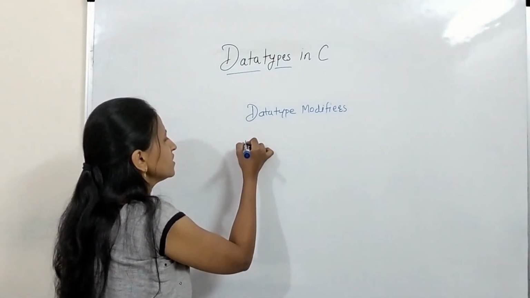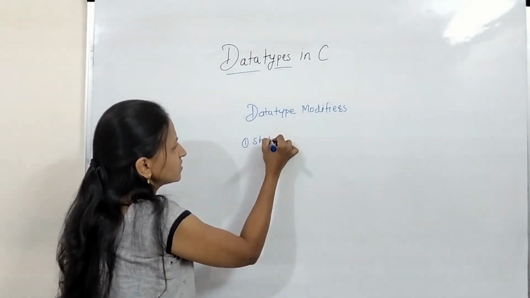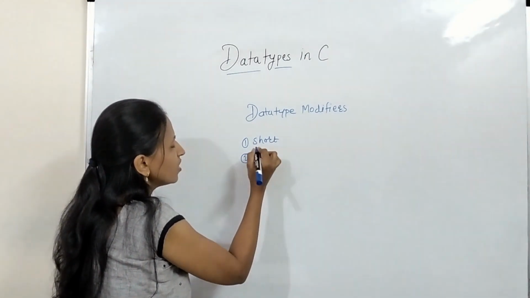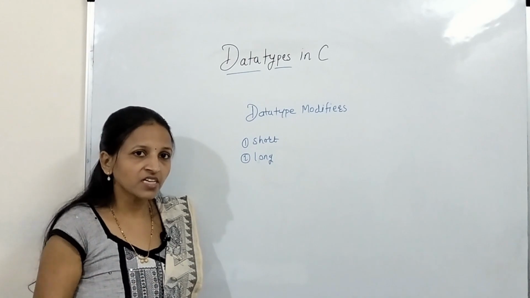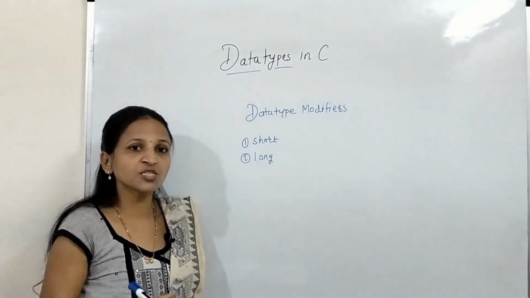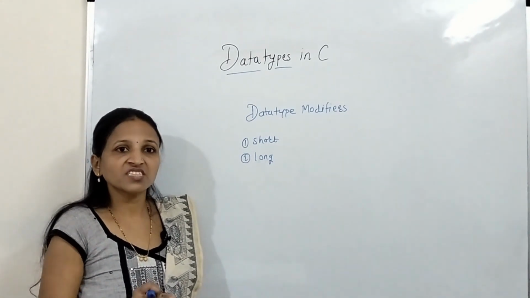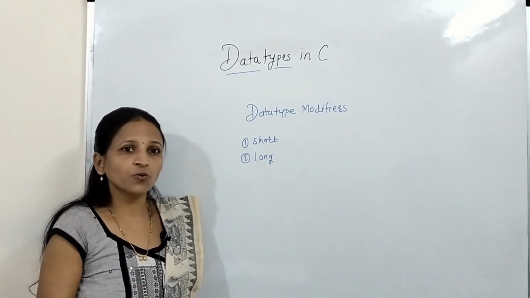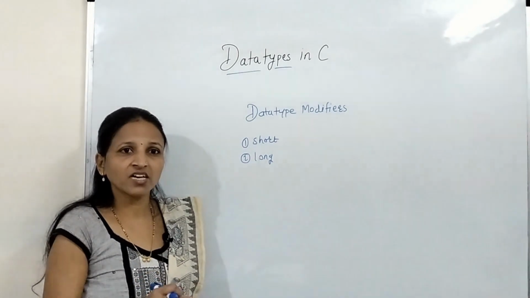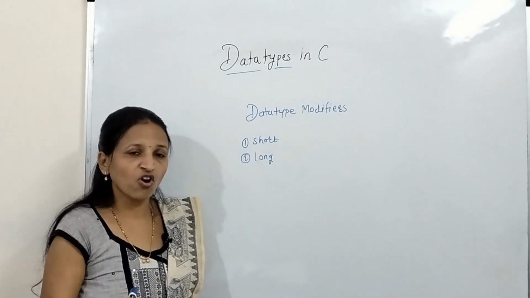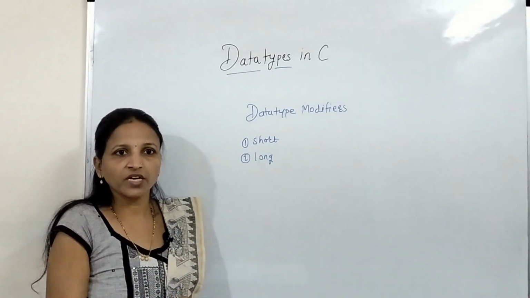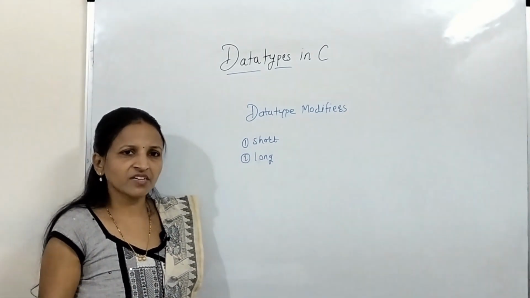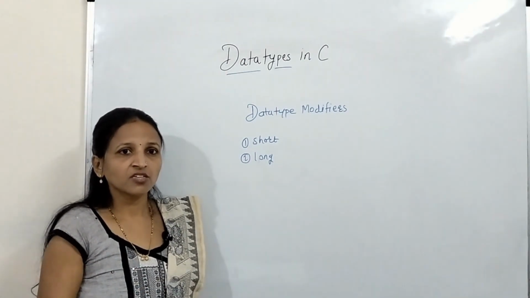The first one is short, second one is long. All these words are keywords, and in C language keywords are always in small case letters. Remember, C is a case sensitive language. Case sensitive means only small case letters are allowed for keywords. For identifiers you can use capital as well as small case letters, but those are distinguished.